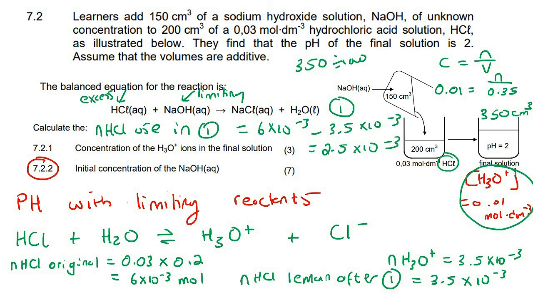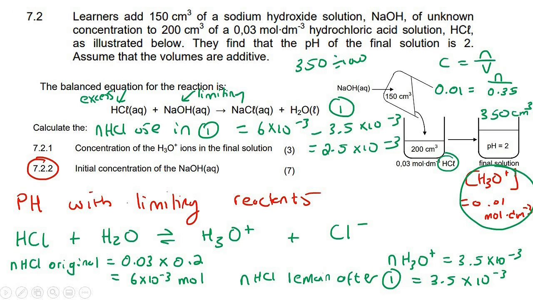And if we know how many moles of HCl we used, remember, for this part you're not going to use this number, you're not going to use this number. You're going to use this number because this is how much we actually used in this reaction. This number was just the amount of HCl that we had in the very beginning, and this number was how much HCl was left over after this reaction took place.